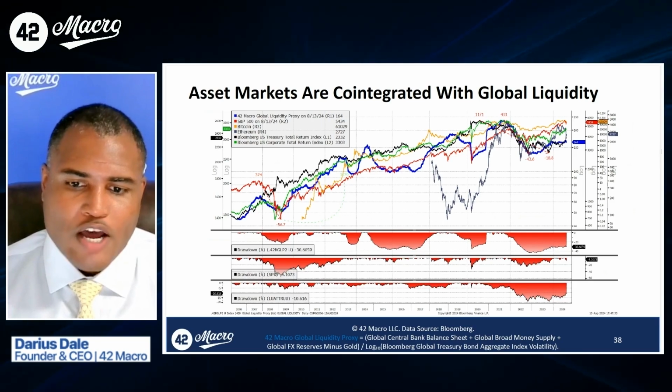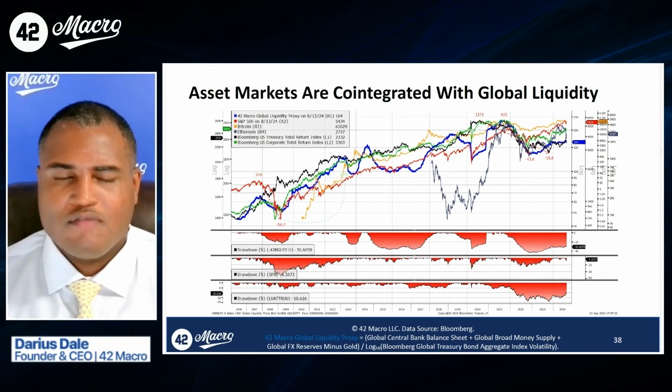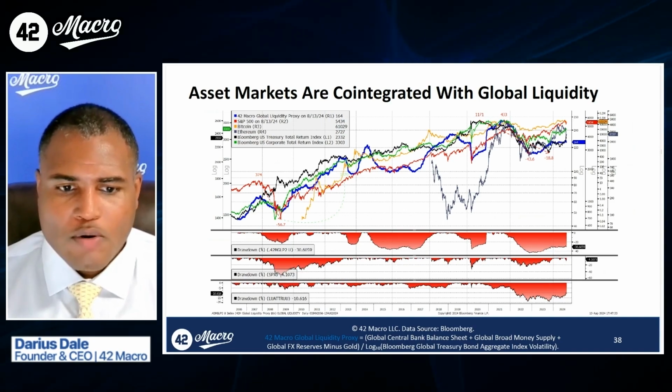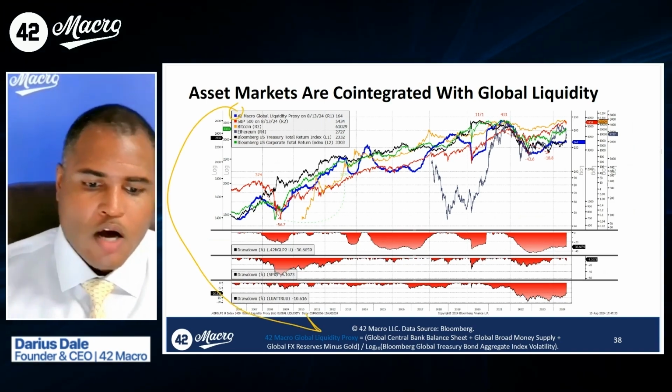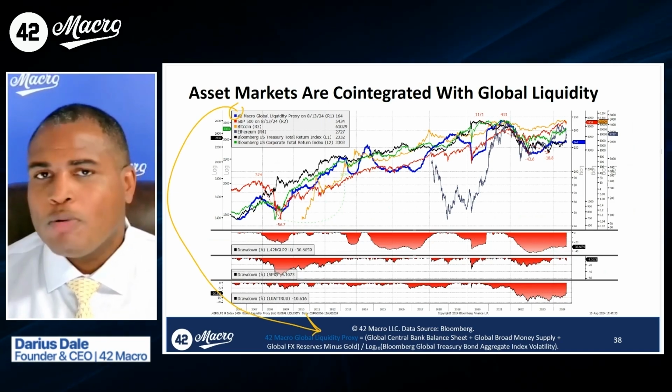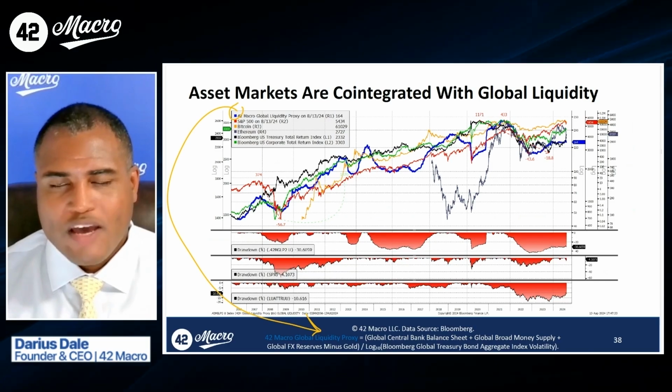And so what we try to do here for clients is help them understand swings, trends, and inflections in the global liquidity cycle. And the primary tool we use to help them do that is our global liquidity proxy. The global liquidity proxy is the aggregated sum of the global central bank balance sheets.